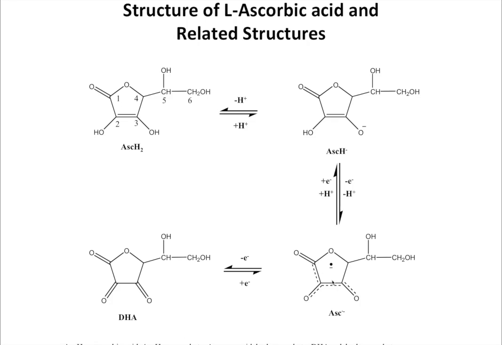So it has like a pseudo double bond character in all these positions. And then a further step would be to lose another electron, and at this point you would basically form these ketone type groups at the bottom here. This is known as DHA or dihydroascorbate.